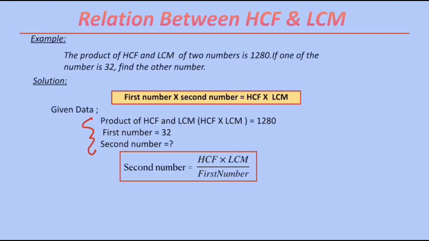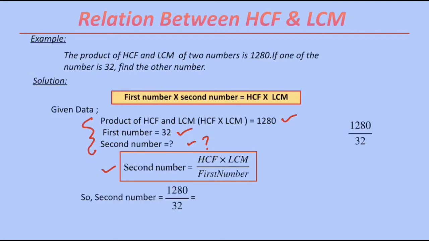In this sum they have given the product of HCF and LCM, that is HCF into LCM is 1280, and the first number value is 32. We need to find the second number. For finding the second number, we need to use this formula, which is second number is HCF into LCM divided by first number.